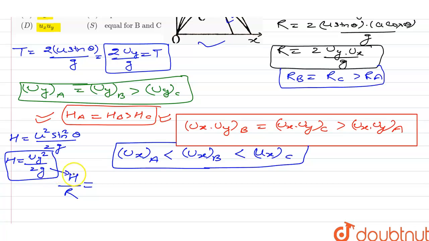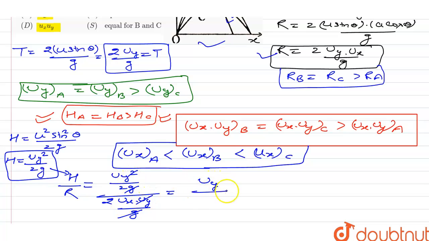And range is 2 ux into uy divided by g. So g and g cancel out, and uy and uy cancel out. So h upon r will be equal to uy divided by 2ux. So we can write that h upon r is directly proportional to uy divided by ux.